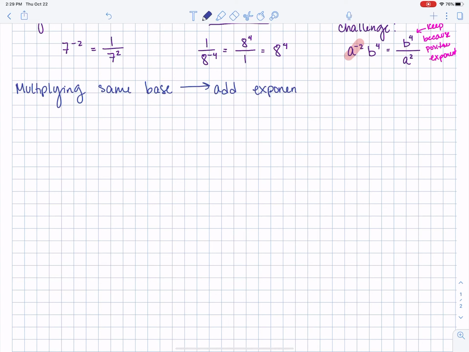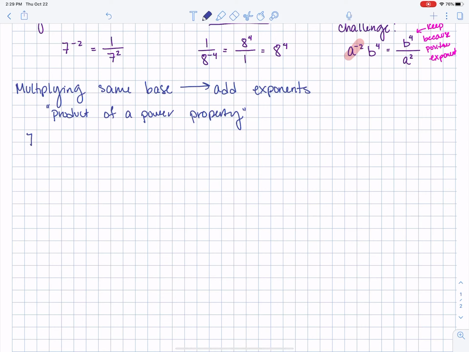I'm going to give you a little way to remember that in just a second. You're going to multiply same base, add your exponents, and we called this today our product property. Product of a power property for the official name.